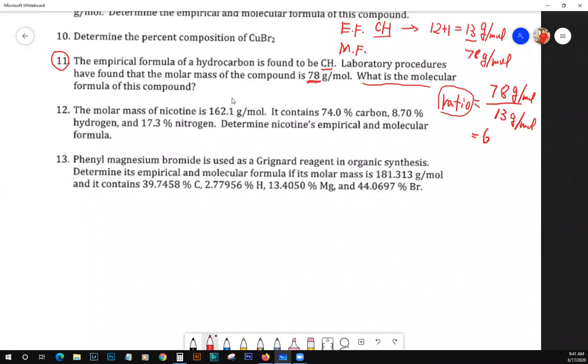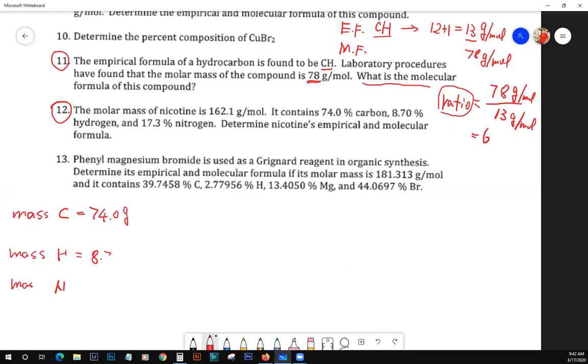Okay, so I think I will do one last practice, number 12, then we're done with the empirical formula and the molecular formula. First, we found the mass of the carbon, the mass of the hydrogen, and the mass of the nitrogen here. The mass of the carbon is 74.0 gram.